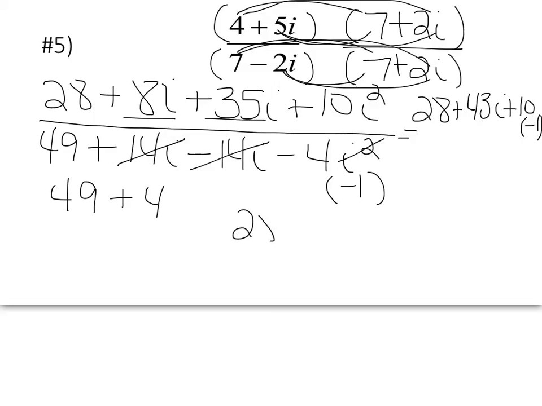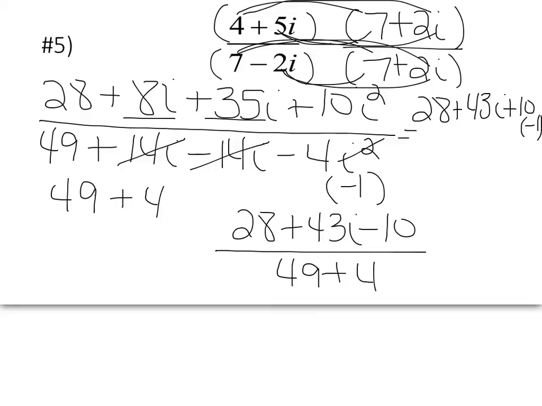So you've got 28 plus 43i minus 10, because 10 times -1 is -10, and this is all over 49 plus 4. All right, combine like terms. 28 minus 10 is 18. So you have 18 plus 43i all over, and 49 plus 4 is 53.